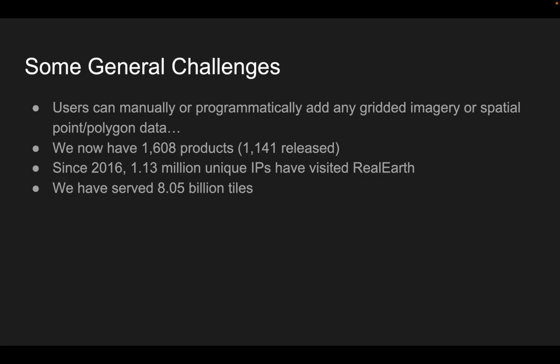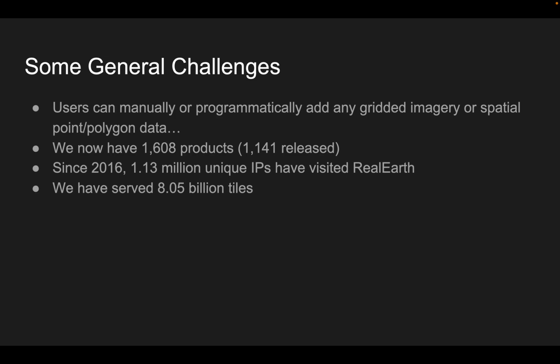But at any rate, some of the challenges we're facing in RealEarth in general: earlier I said that it was an advantage that users can manually or programmatically add any gridded imagery or spatial point polygon data to RealEarth. Well, now we have over 1,000 products.